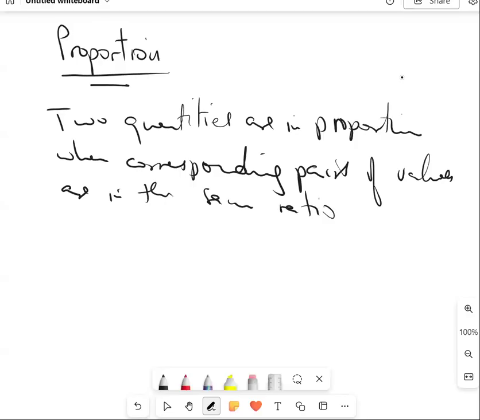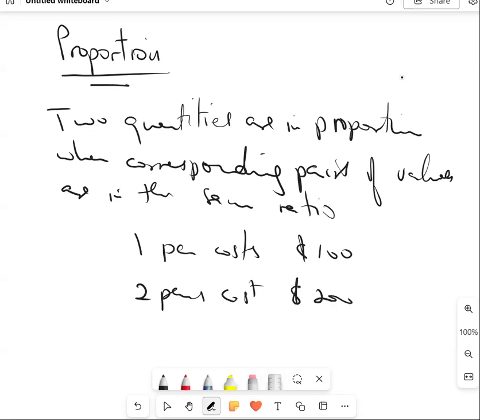Now, what are we talking about? Let's take an example. Let's say you're buying something from the shop. 1 pen costs, let's say, $100. 2 pens cost $200.